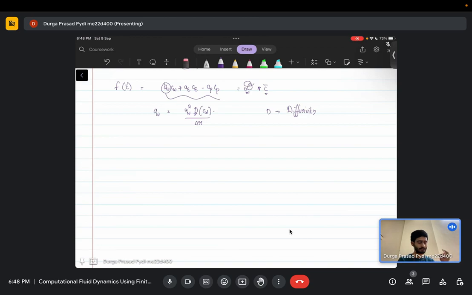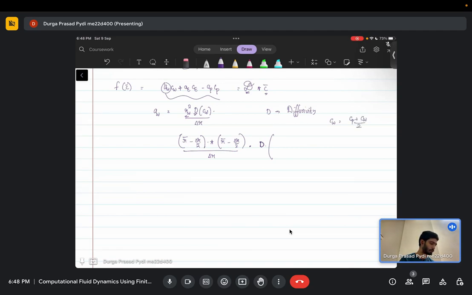Now I am trying to replace c bar, so r west can be written as rp minus delta r by 2 times, so instead of rp I am just writing r bar, times your D, the diffusivity function, and C west is essentially your west phase, that is written as (Cp plus C west) by 2.